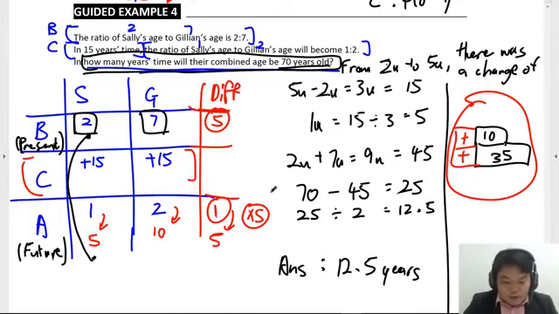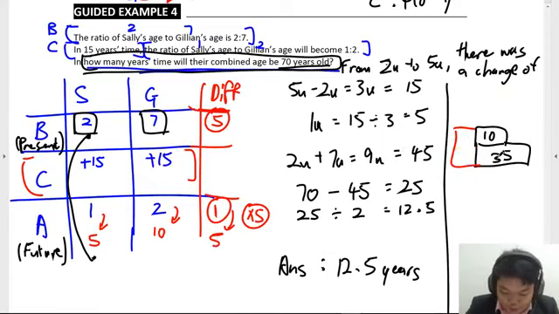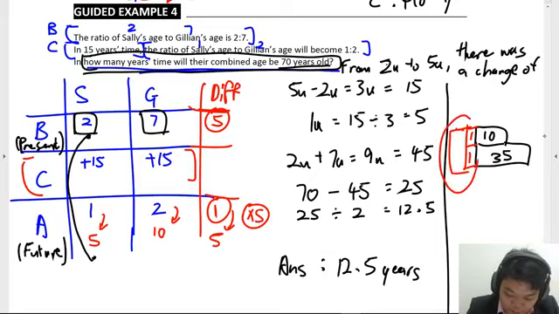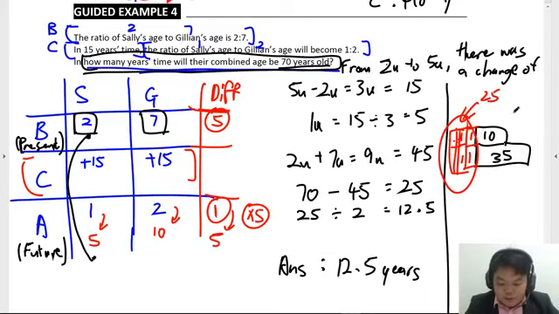Why not 25? Because when you age, if one of them ages by 1 year, the other person also ages by 1 year. So that's why this entire red block here you need to find is 25. It is distributed equally between the both of them. So that's why you need to divide it by 2.